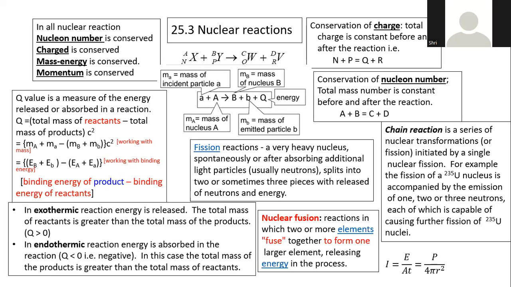Okay, let's try some questions. What's the answer for this one? If the masses of proton, neutron, electron, and carbon-12 atom are Mp, Mn, Me, and Mc respectively, the mass defect delta M of the nucleus of carbon-12 is given by, what is the answer?